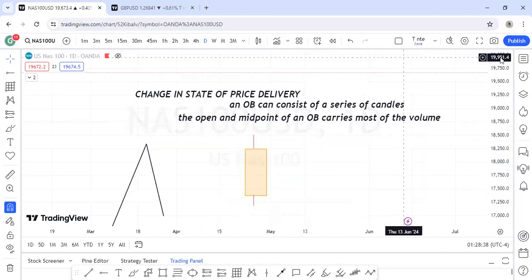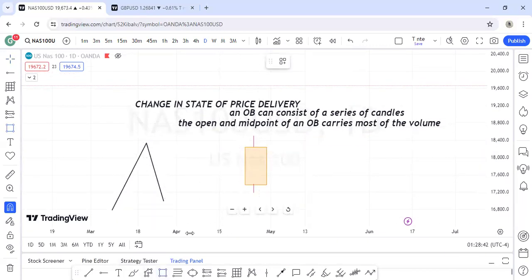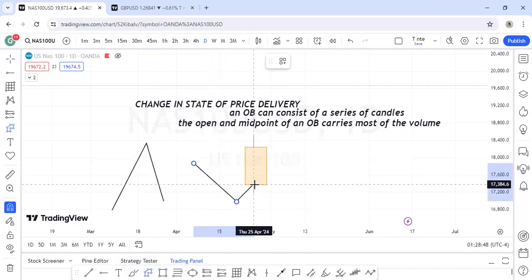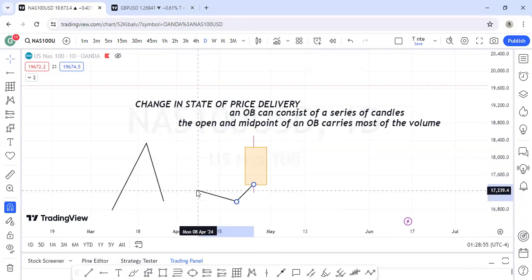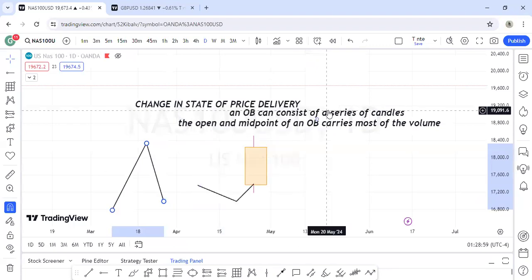So if the market was bullish, and price then created this order block, we had that order block there.